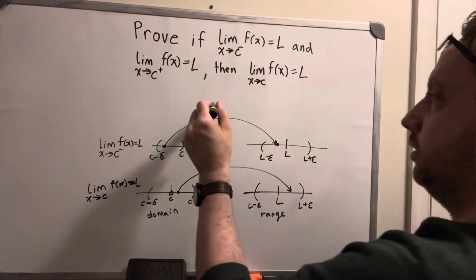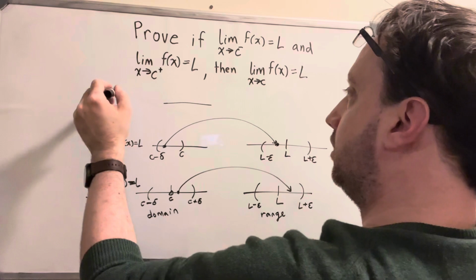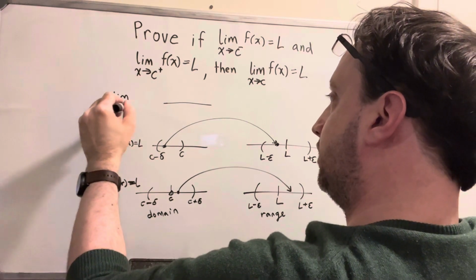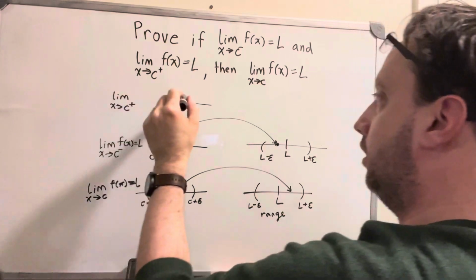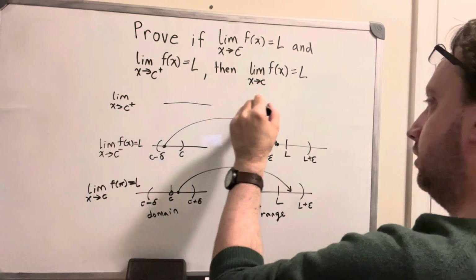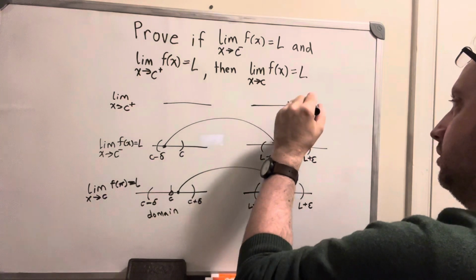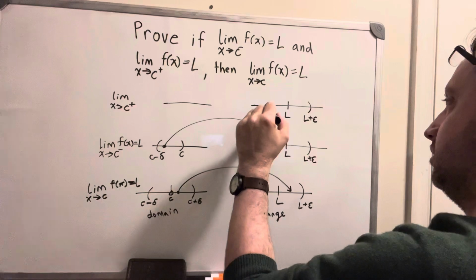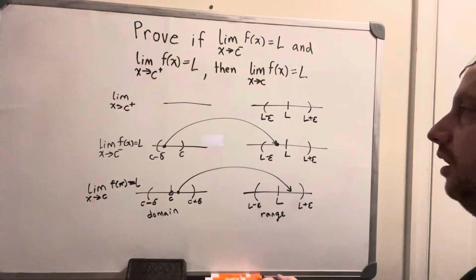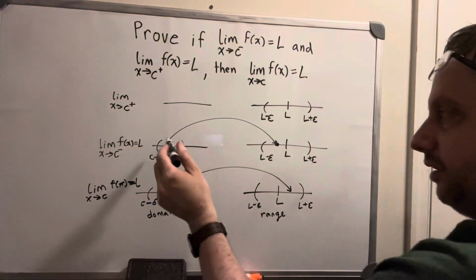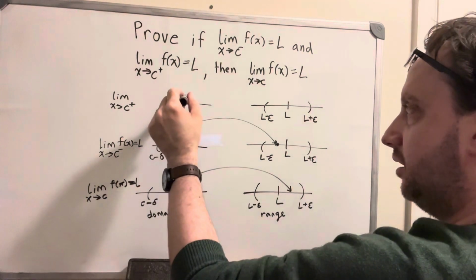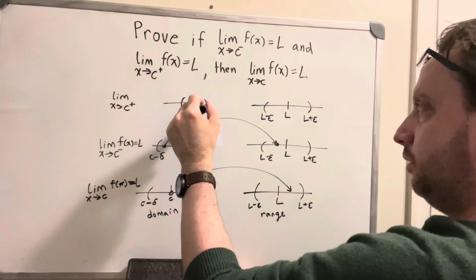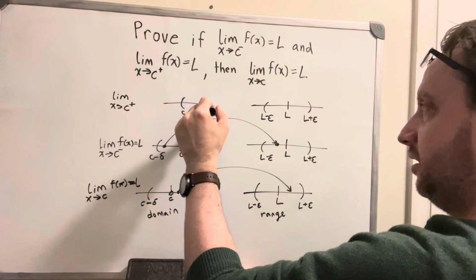What is the limit as x approaches C from the right? What do I put right here? Think about it. This is the interval from C to C plus delta, right?